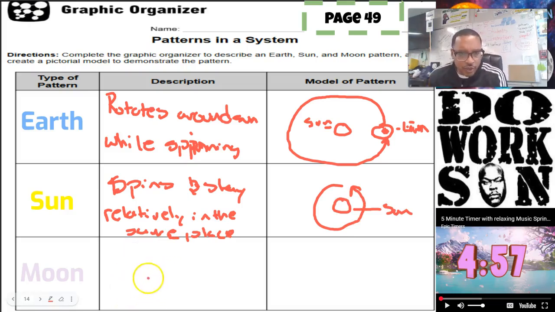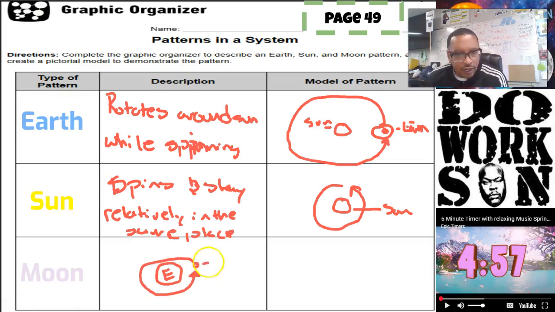Now, the moon is a little bit different. Its rotation is, and I'm going to draw, this is the Earth, so I'm going to put an E right there. That's Earth. And the moon is out here, and the moon goes around the Earth. Oops, I put this in the wrong area, so I'll do my drawing on this.